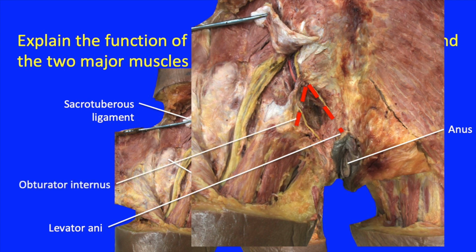The lateral wall is formed by the obturator internus, and its fascia actually gives rise to the levator ani. Let's look at the pelvic floor in more detail and try to gain an understanding of how it is formed, in part from the fascia of the obturator internus muscle.